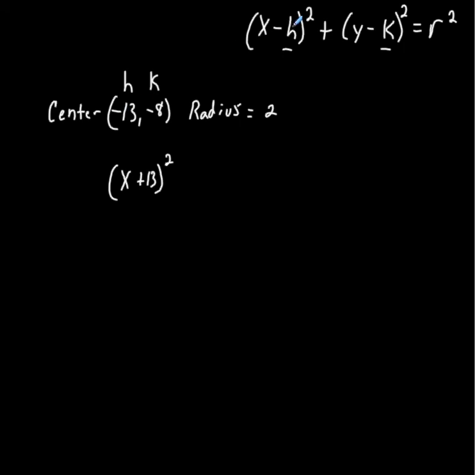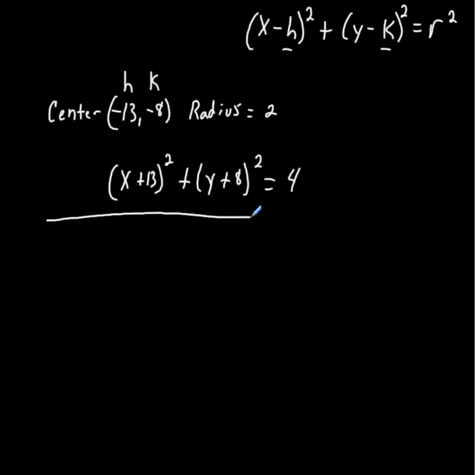Minus a negative makes a positive. Plus y minus a -8 makes a positive 8, squared, equals, and the radius is 2, you square your radius, you get 4. So the equation here is there.